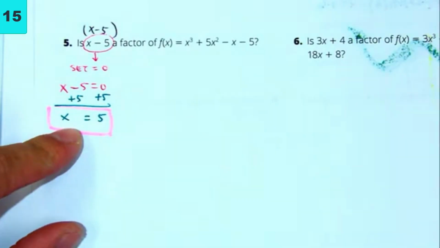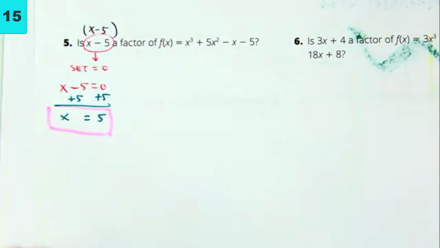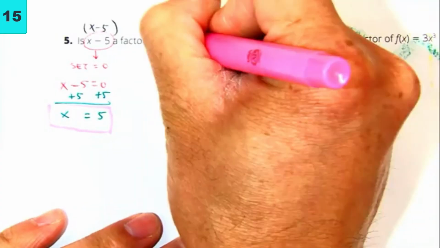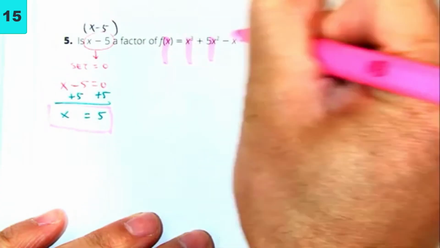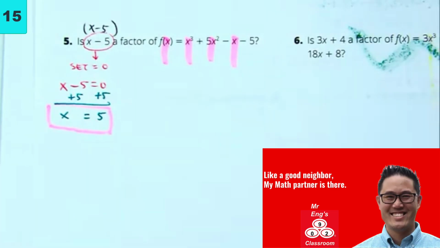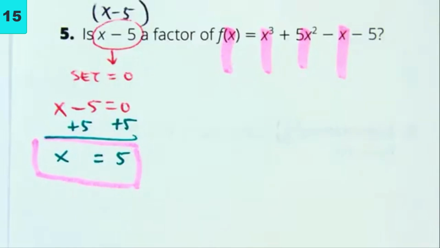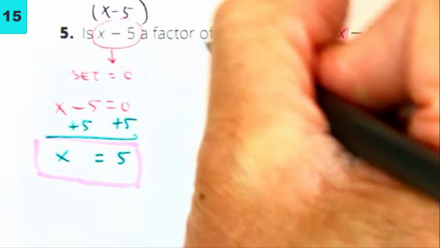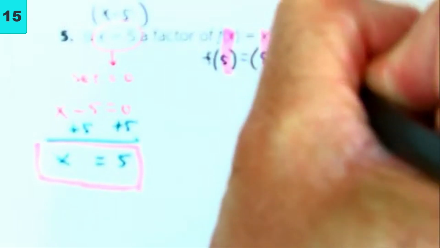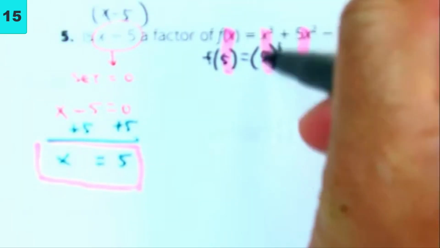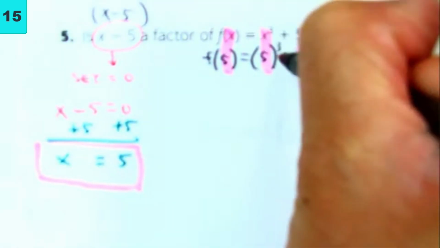Now the next thing I'm going to do is take this x equals 5 and replace it for every x value. Now I have f of 5 equals 5 to the third power. Notice I'm doing a substitution with parentheses.